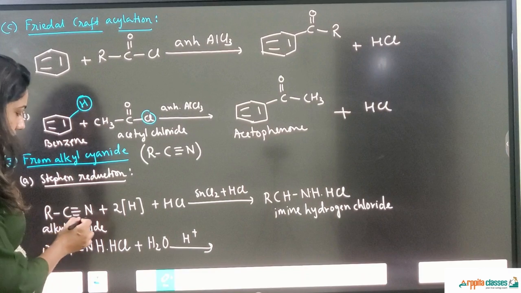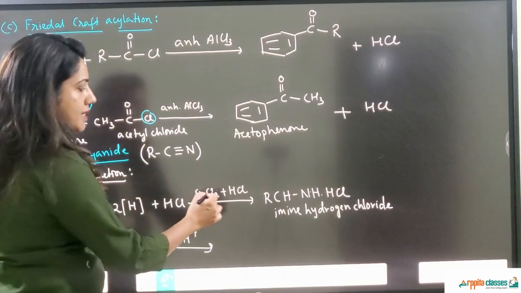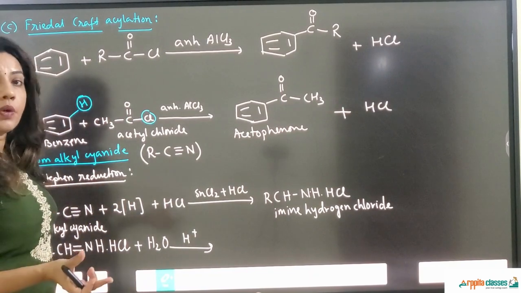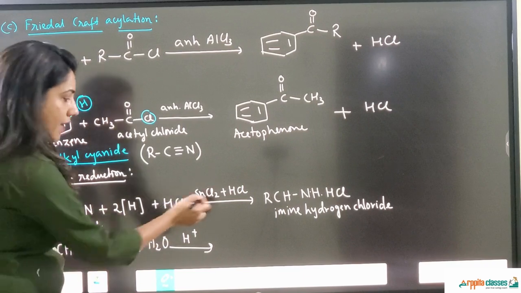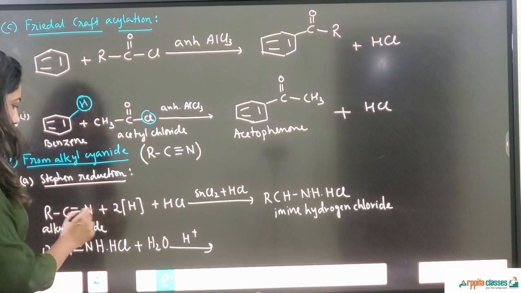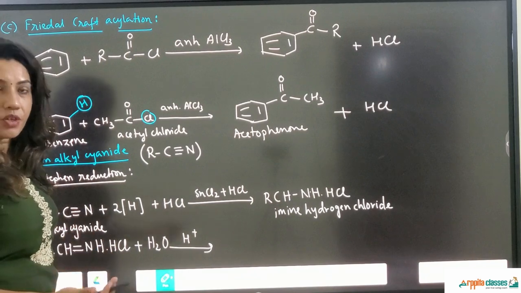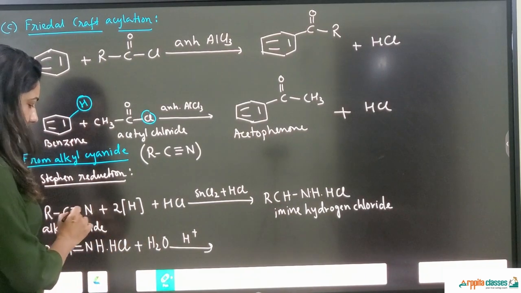So our substrate is alkyl cyanide, and we are reducing it in presence of SnCl2 and HCl. This is a reducing agent. SnCl2 and HCl will give rise to the production of nascent hydrogen. So just add the hydrogen over here, because it is reduction. Reduction means addition of hydrogen. So we are getting RCHNH.